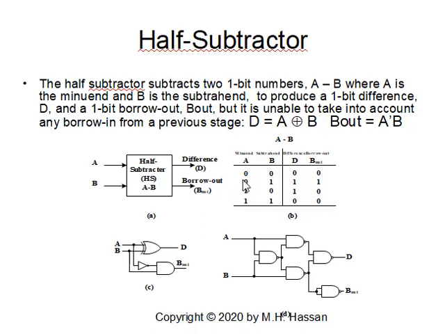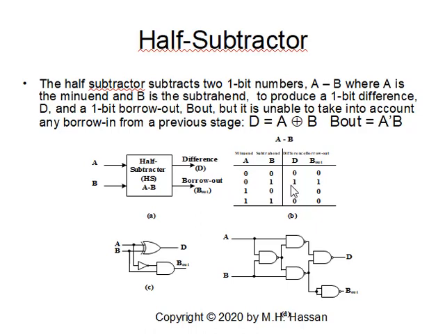Then we say 0 minus 0, the result is 0 and the borrow is 0, because we did not borrow anything. 0 minus 1, we cannot do it, so we have to borrow 1. If we borrow 1, it will be 1 0, which is 2 in decimal, minus 1, which is 1.